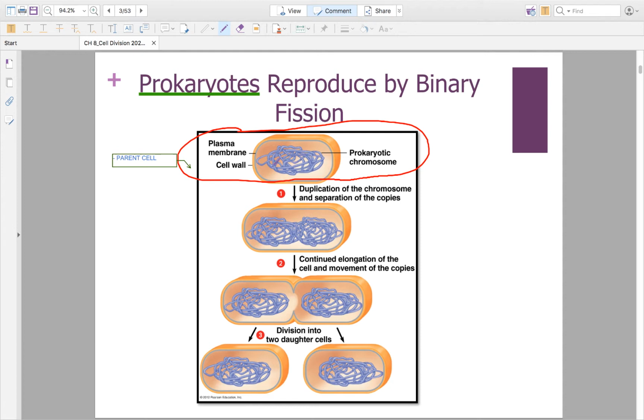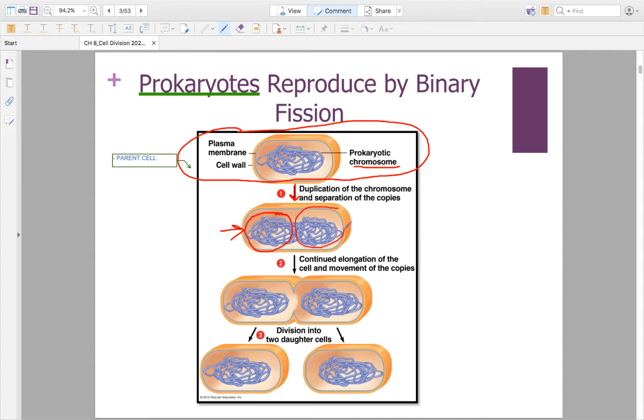So see this little coiled up mess? Of course, those are the chromosomes. It's DNA. So every single DNA nucleotide has to be replicated in its entirety. And when we get to step 2, you can clearly see that there's one set of chromosomes right there, and there's the other.